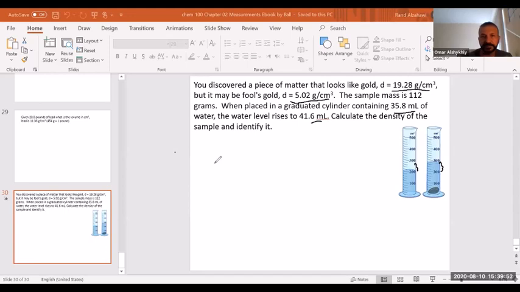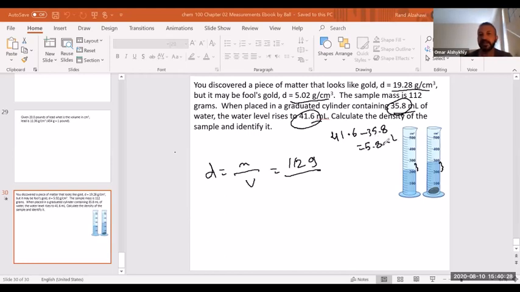Okay, guys, here we do the same thing that we did in the previous example. We need to compare the densities. Density equals the mass divided by volume. The mass is 112 grams. Now, what is the volume? Is it the 35.8 or the 41.6? Neither of them. It is the difference, guys. So it is 41.6 minus 35.8, which gives you 5.8 milliliters.